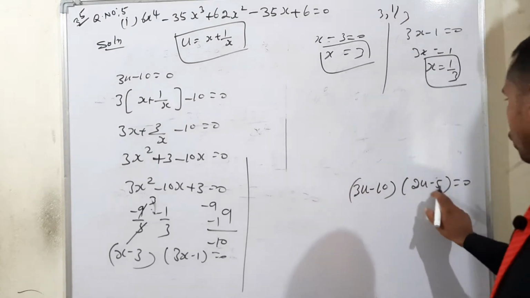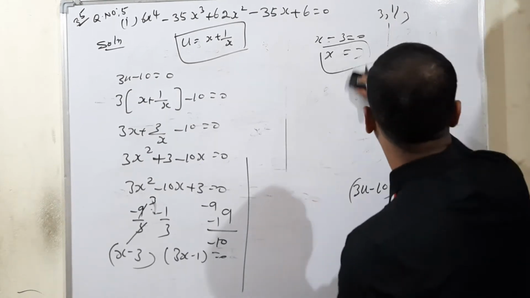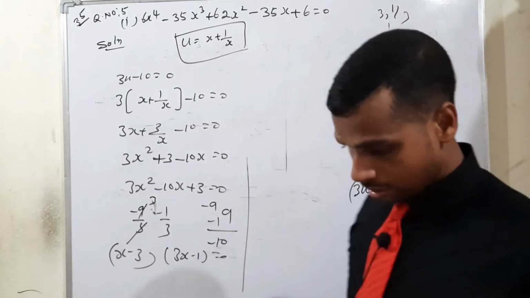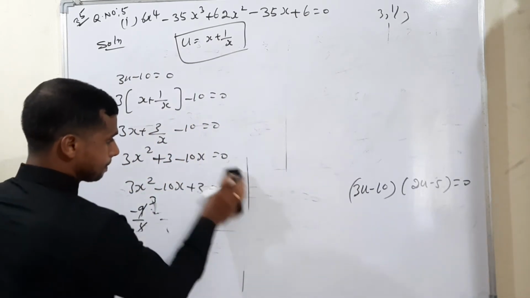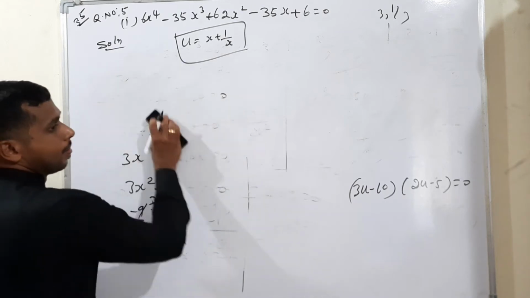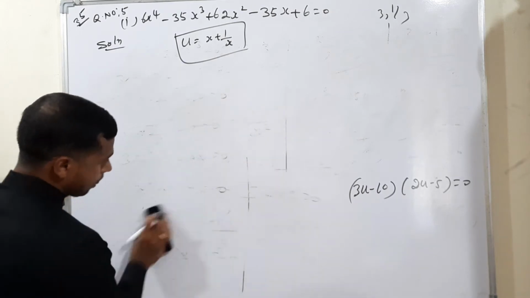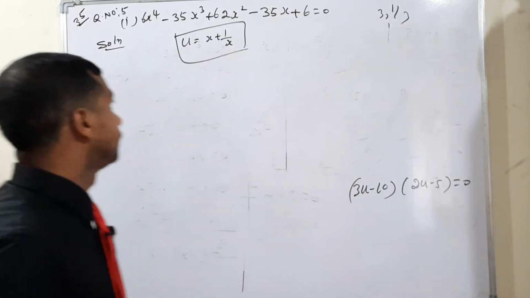Moving to next condition, 2u minus 5 is equal to 0. So, 2u minus 5 is equal to 0.